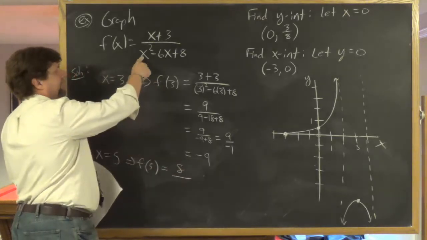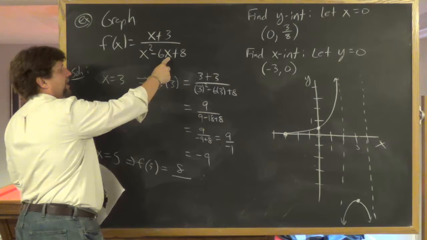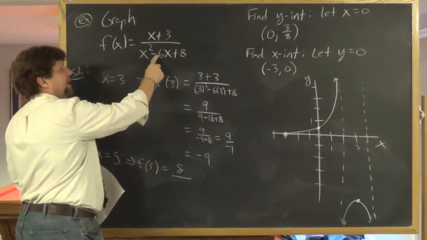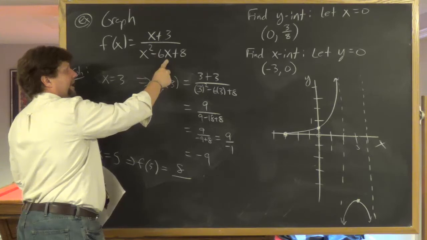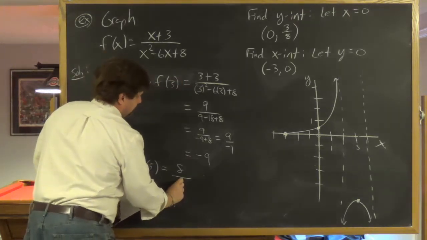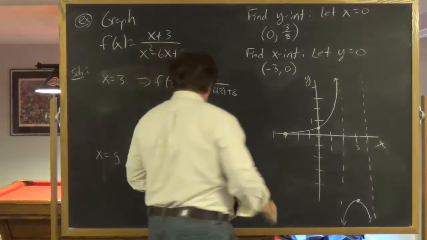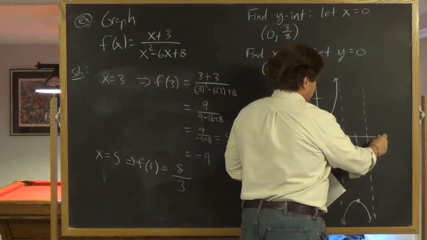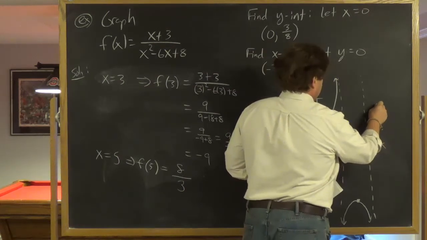In the denominator, 5 squared is 25, and 6 times 5 is 30. So 25 minus 30 is -5. -5 plus 8 is 3. So when x has a value of 5, y is 8/3. That's almost 3, so that's about right here.